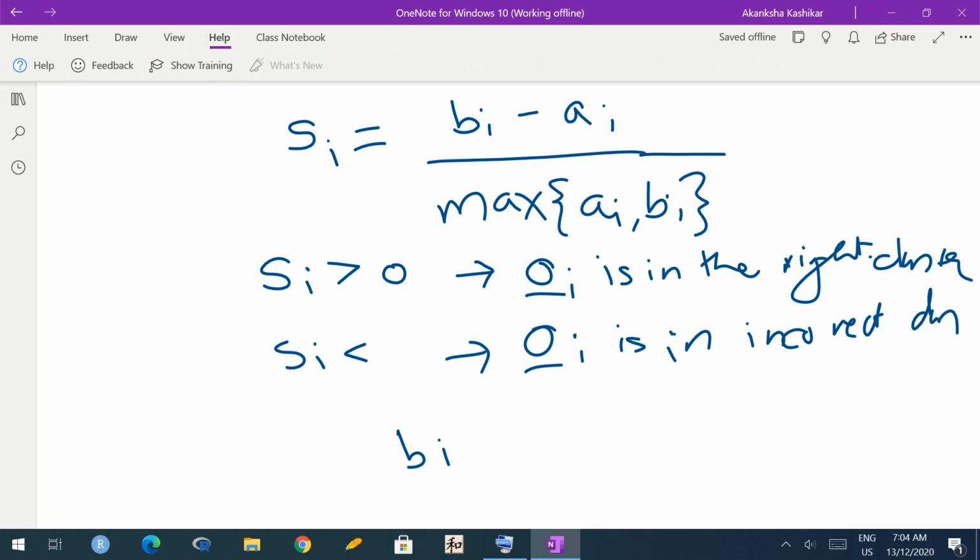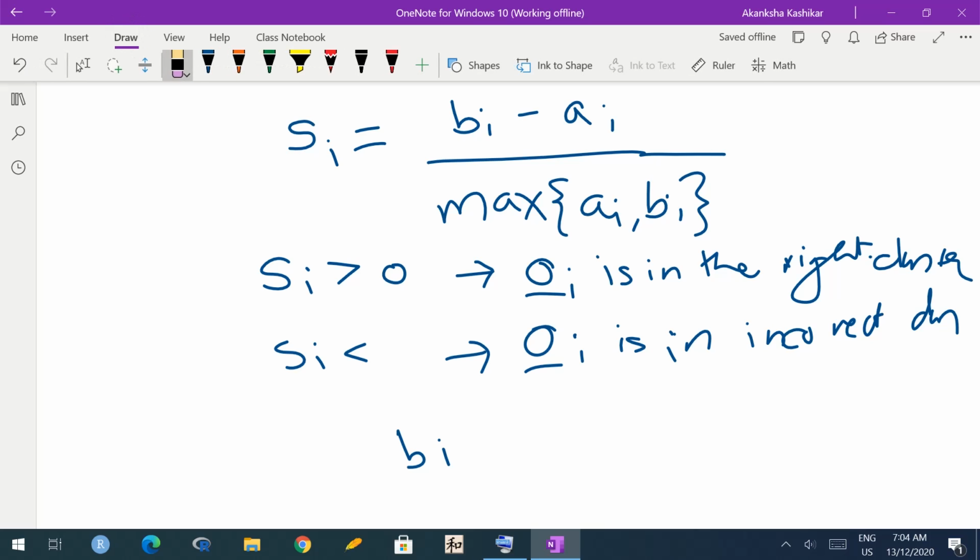So if Bi is much higher than Ai, then Si would be approximately equal to 1, and that would mean that the ith observation is very correctly and comfortably sitting in its own cluster. Okay, so this is how silhouette statistic is defined for the ith observation.